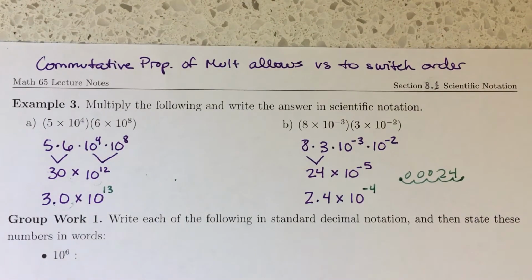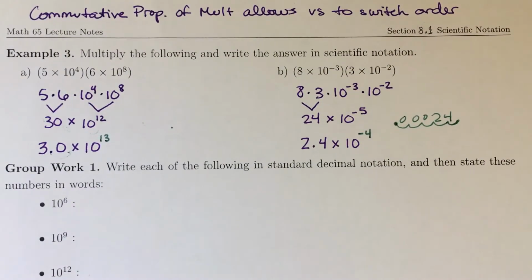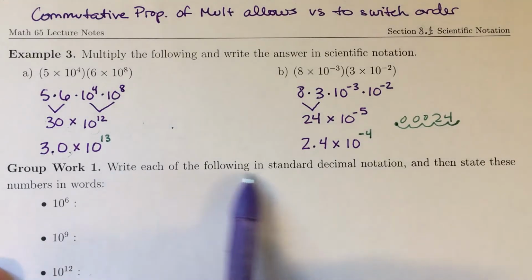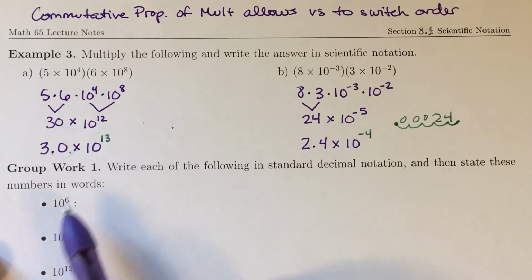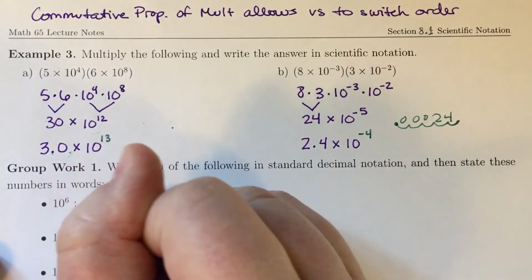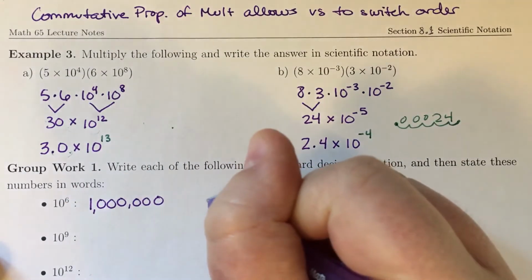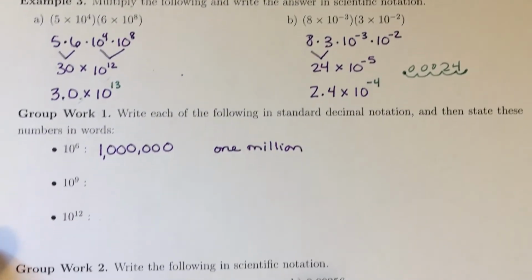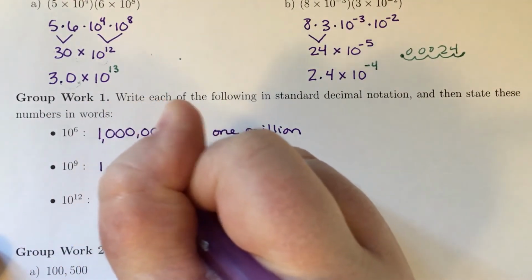A little tricky, but not too bad. Let's try these as a group together just to make sure we're all on the same page before we start practicing on our own. Write each of the following in standard decimal notation and then state these numbers in words. So 10 to the 6th power means a 1 with 6 zeros. And a 1 with 6 zeros is 1 million. 10 to the 9th would be a 1 with 9 zeros.